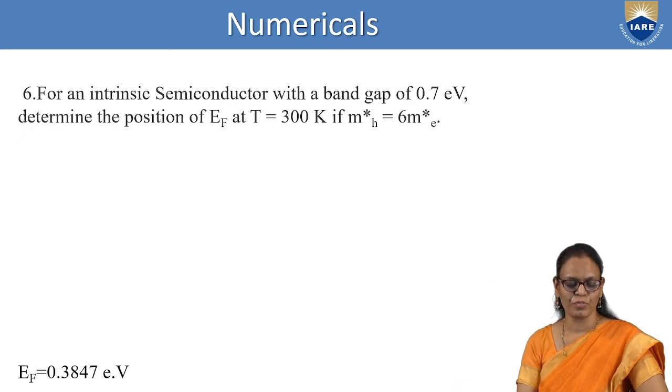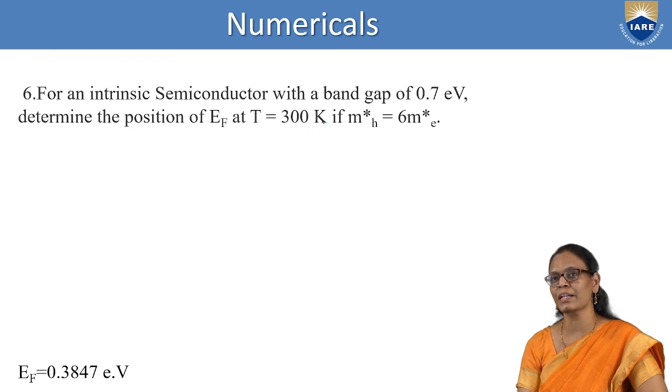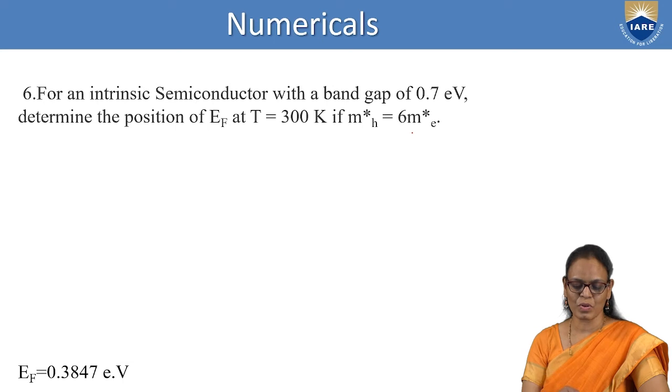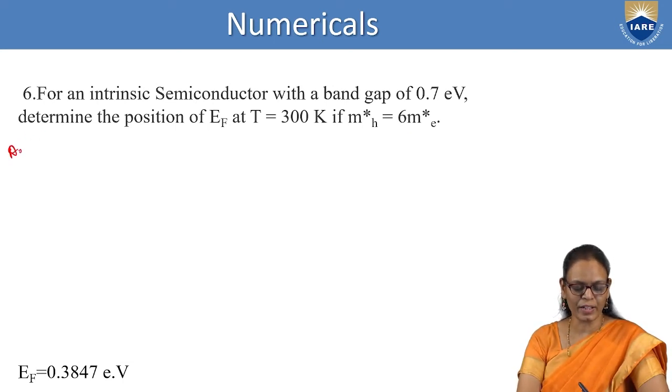Now, for an intrinsic semiconductor with a band gap of 0.7 electron volt, determine the position of EF at T is equal to 300 Kelvin if mH is equal to 6 times Me. So, similar to the one we did before. So, data given.